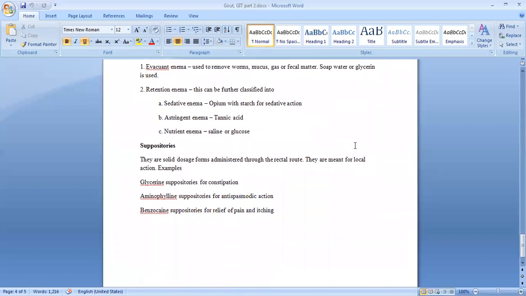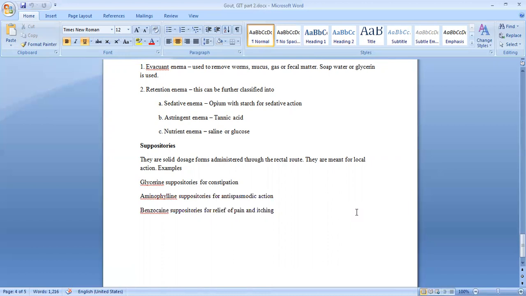Then we come to the suppositories. These are solid dosage forms which we administer through the rectal route, and they are meant to have a local action in the rectum. If somebody is suffering from constipation, they can be administered glycerine suppositories. Suppose somebody is having severe spasm of the GI tract.